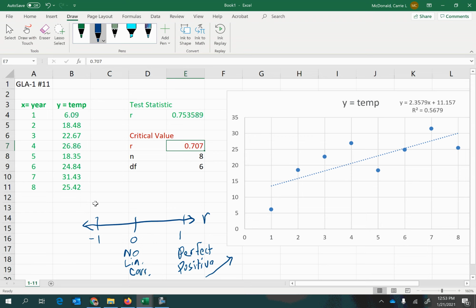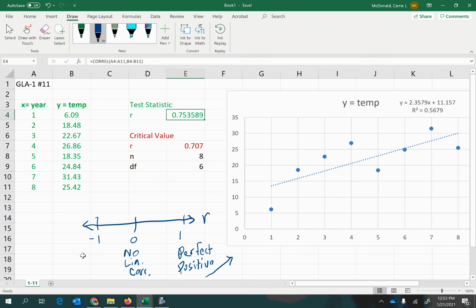Just like if you can remember from algebra, when you did y equals mx plus b, if the slope was positive, then it would be going uphill from left to right. And notice here that our trend line that fits our dots has a positive slope, the number attached to x. So our slope is not the same thing as our R value, but when the R value is calculated, the slope is part of that calculation, so they share the same sign.